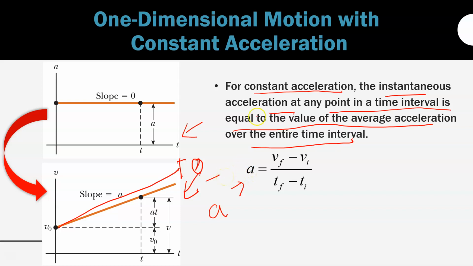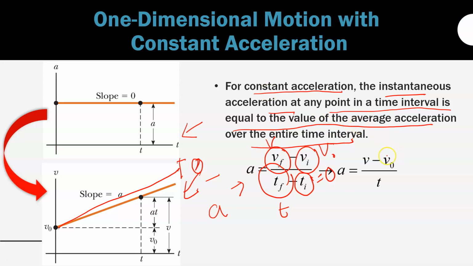Now let's choose ti to be equal to 0 and tf to be an arbitrary time, which is t, and let vi be equal to v naught, which is the initial velocity at t equal to 0, and vf is equal to v, which is our final velocity.